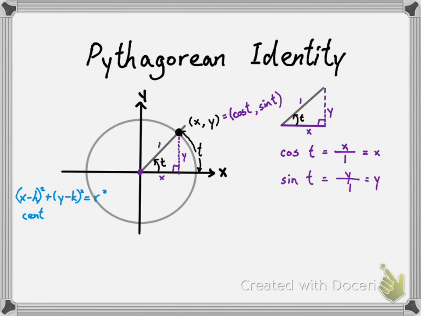Now, the circle is centered at 0, 0, with radius 1. Therefore, the circle formula becomes x squared plus y squared equals 1.